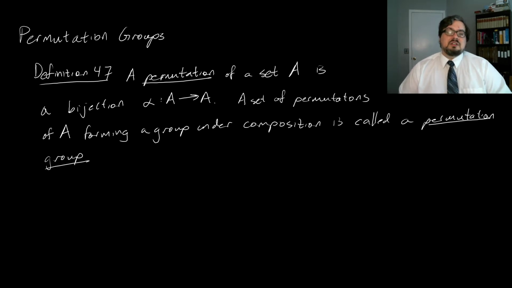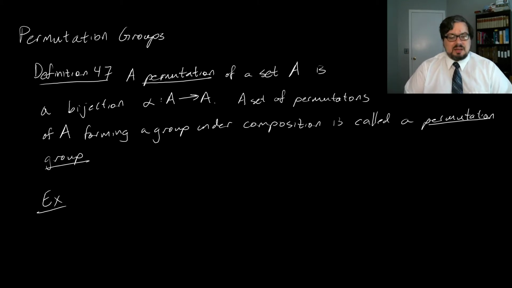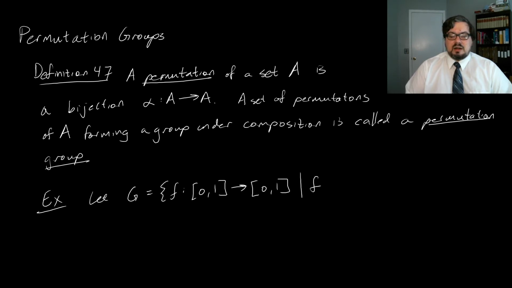Now, one of our standard examples that we've seen in this course is a permutation group under this definition. So, for example, we've looked at this several times now. Let G be the set of all functions from the unit interval to itself, where f is a bijection.